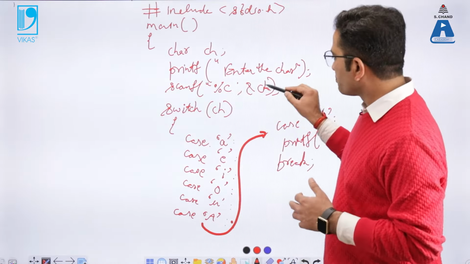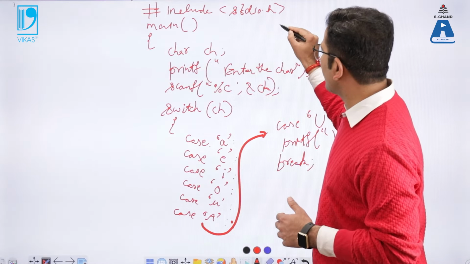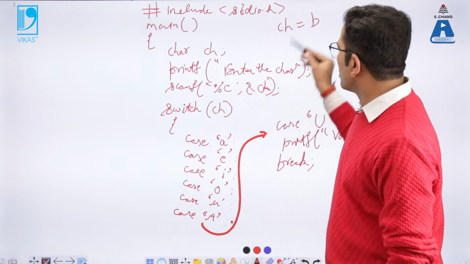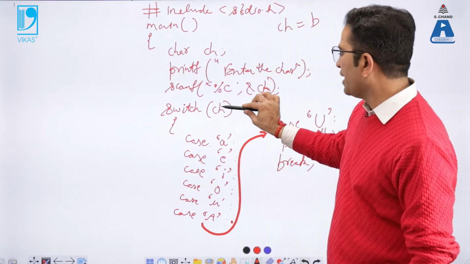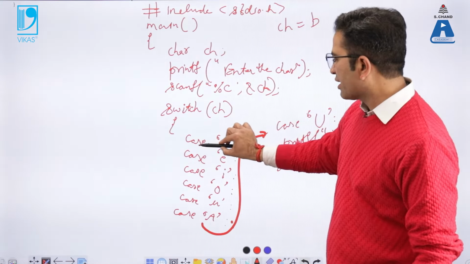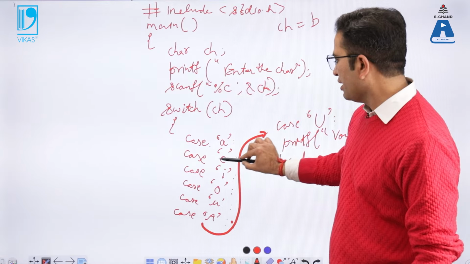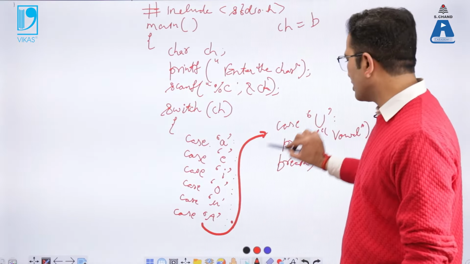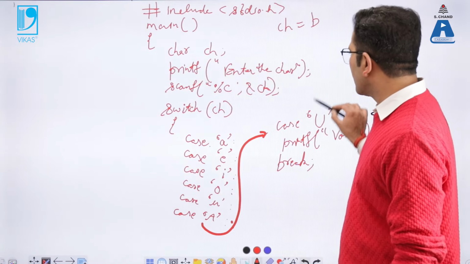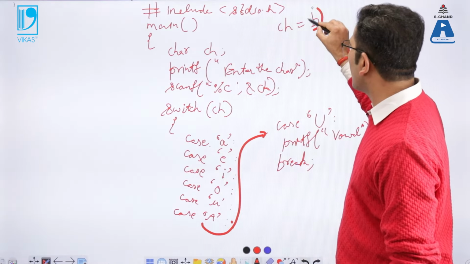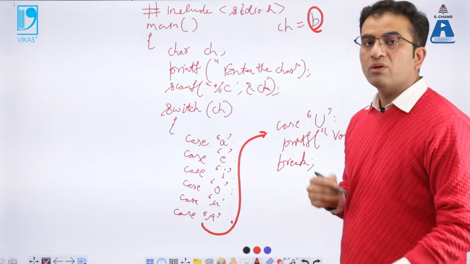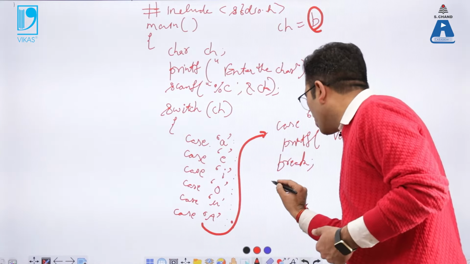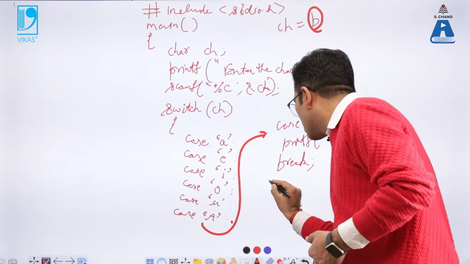So what happens when you enter any character? Let's suppose you have entered b, so it will go here, switch b, so it will check case a, case e, case i, case o, it will check all the cases, but none of the cases match our entered alphabet. Then what happens? Then it goes to default, that means this case did not happen.